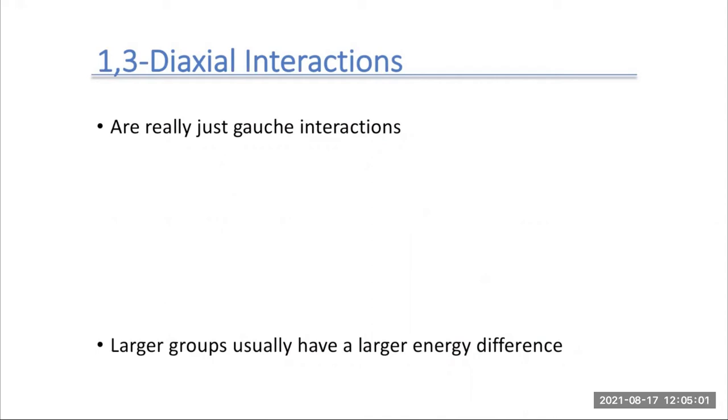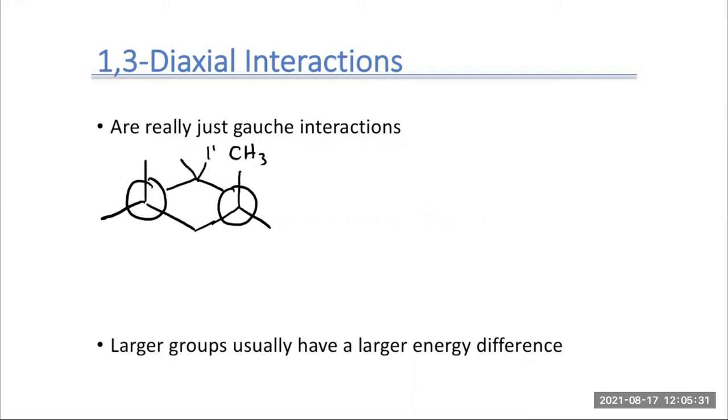So if we look at the Newman projection of our ring, we can see if we have a methyl group here, and our hydrogens back there, it's really just the gauche interaction occurring here.